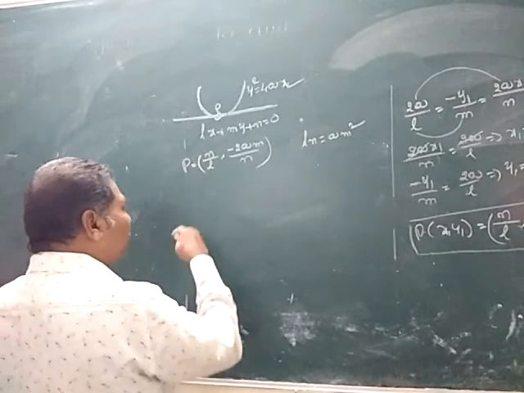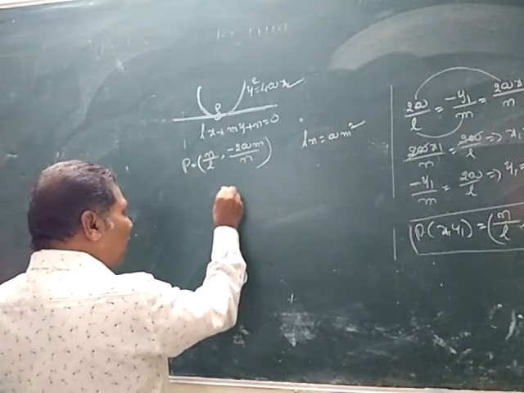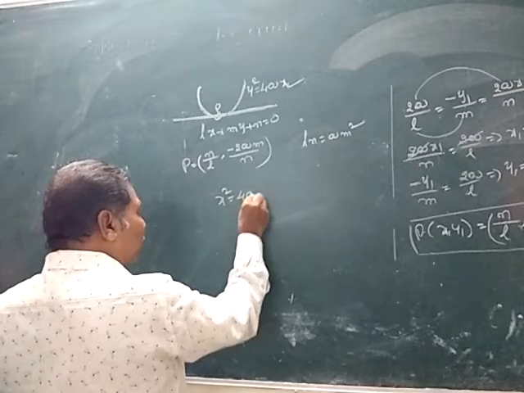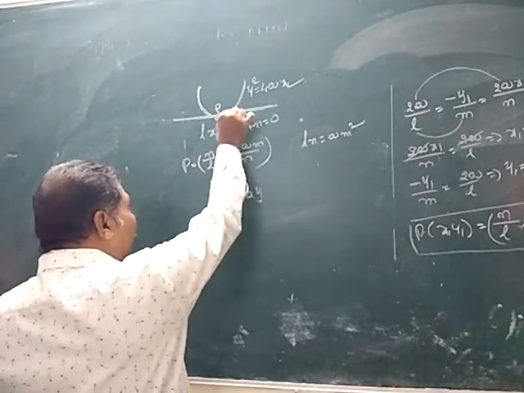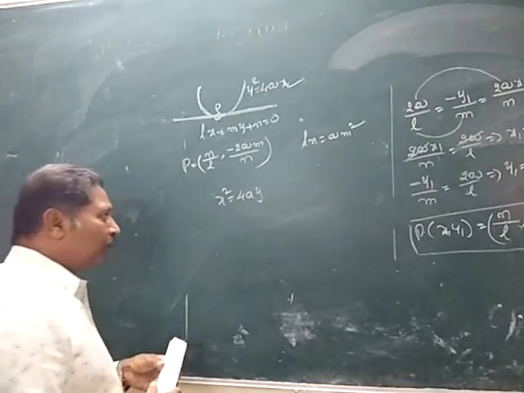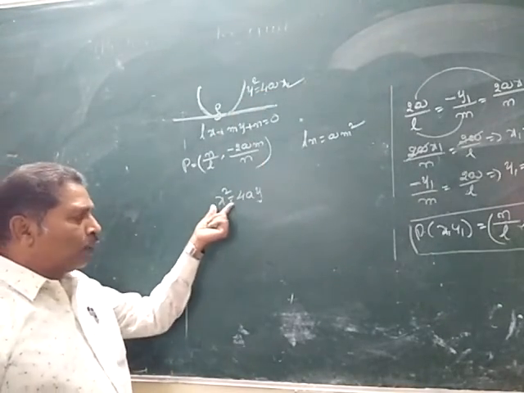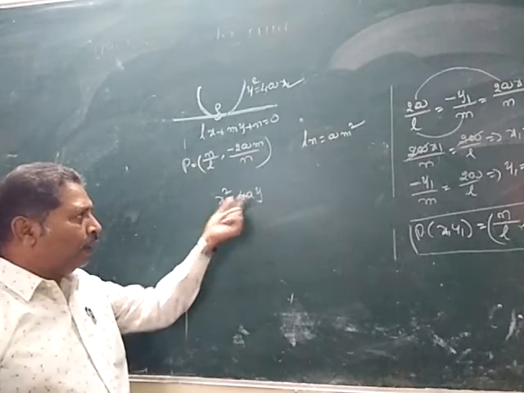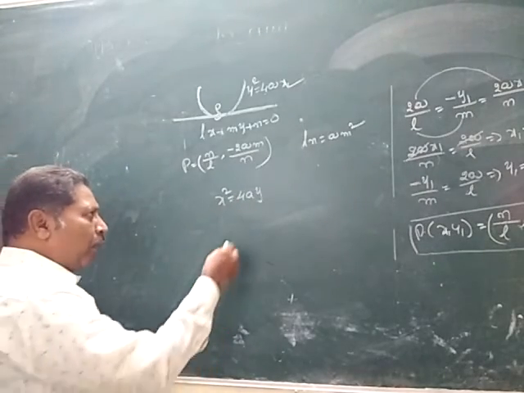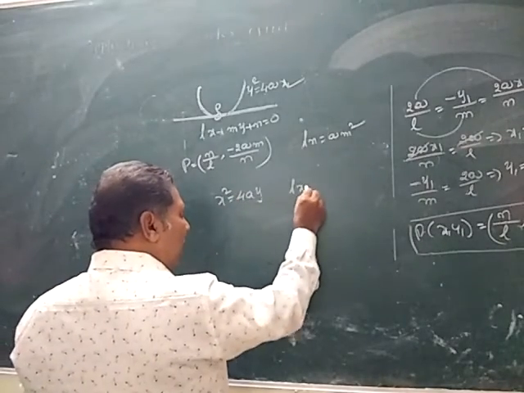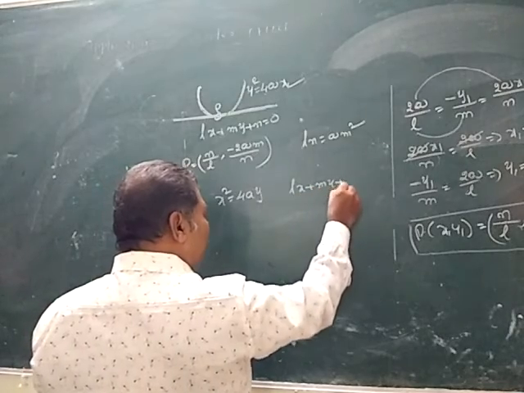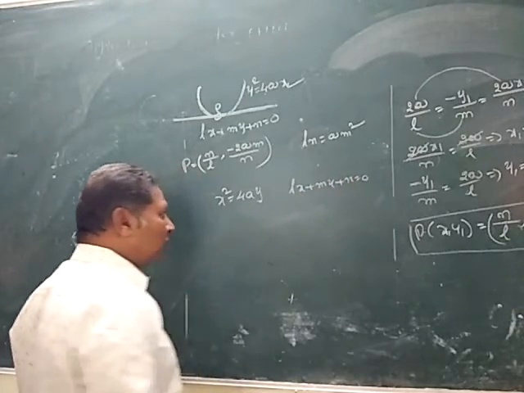Suppose, given x square equal to 4ay, Lx plus my plus n.